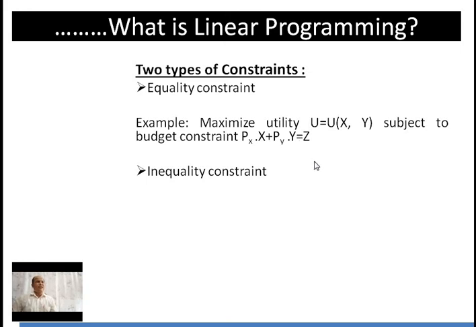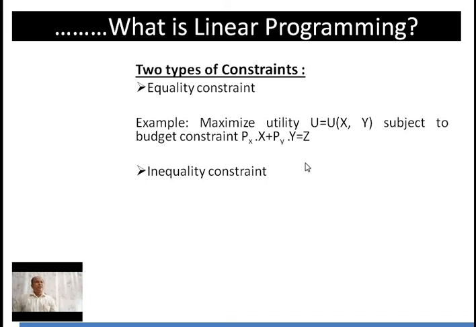But there may be conditions that he may maximize his utility before fully utilizing his level of income. Now when he fully utilizes the level of income, that type of condition is called the equality constraint.